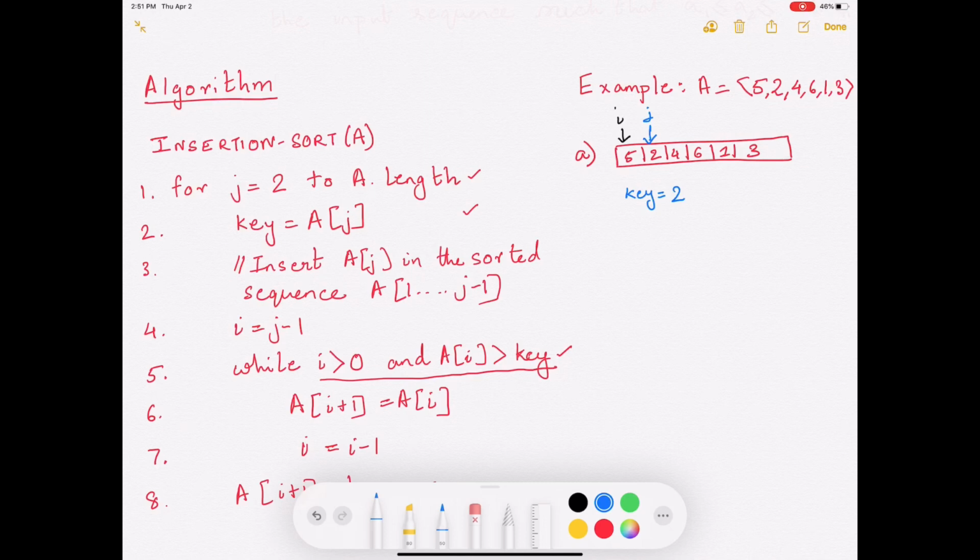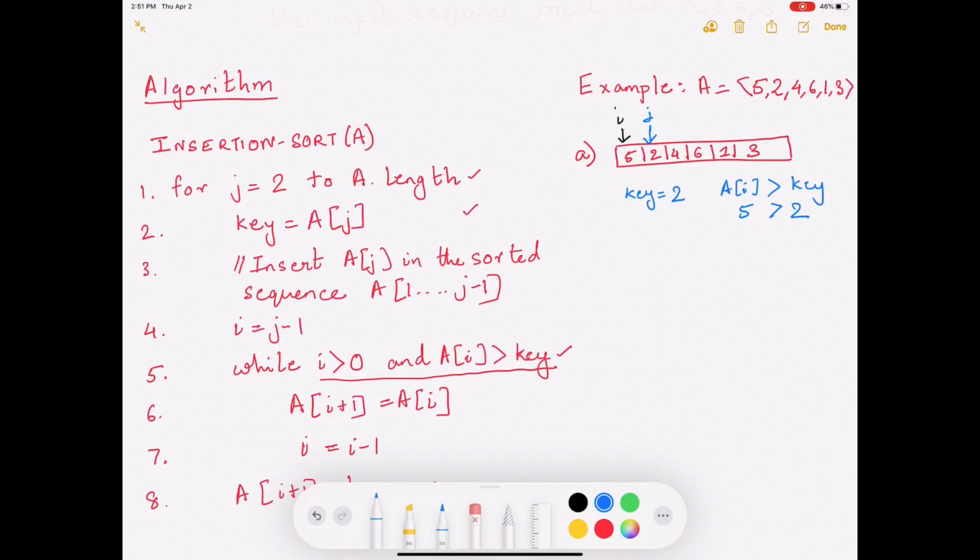So line 5 is going to execute till I is greater than 0 and A[I] is greater than key. Here A[I] is 5, which is greater than key, which is 2. So this holds true.